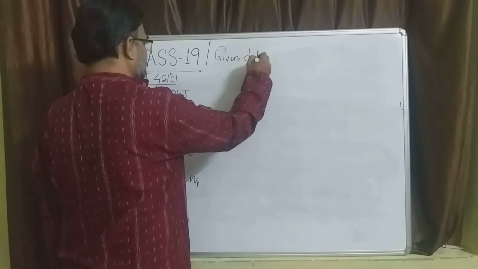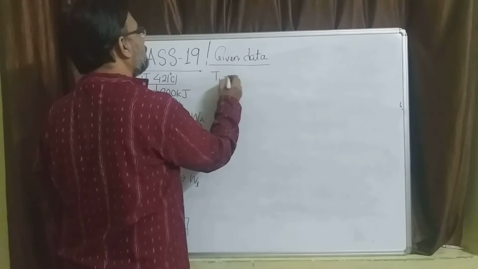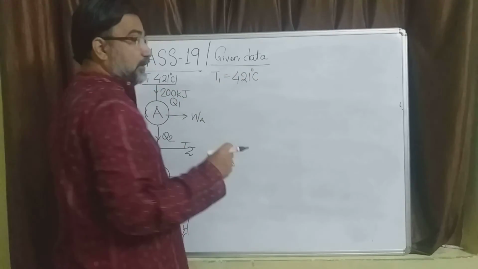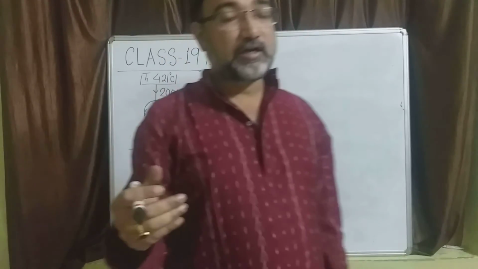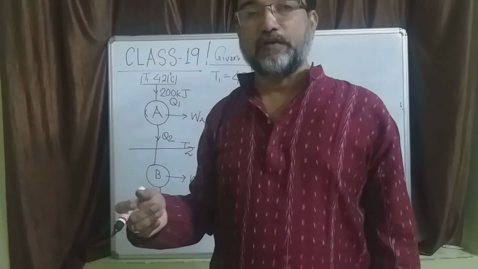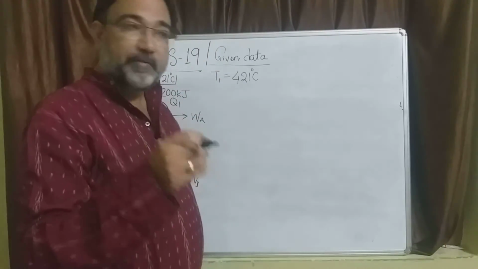Alright, so given data are as follows. T1 is 421 degree centigrade, and they are Carnot engines, and we are going to use these temperature terms for getting the efficiency value. Please convert it to Kelvin scale immediately.